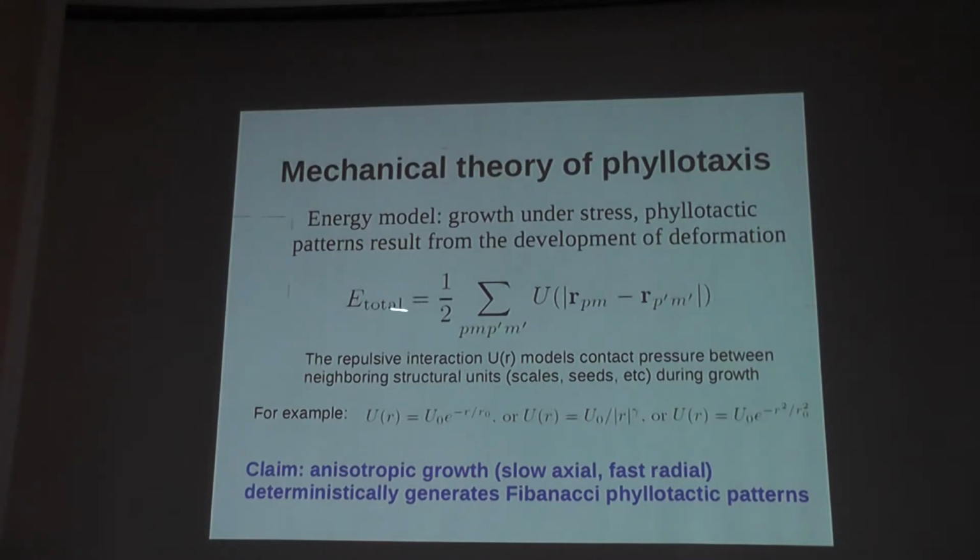So we'll introduce some energy function, a potential that defines forces by which units of the lattice are interacting, and physically it will describe contact pressure between the units on the plant during growth. We'll take some repulsive interaction, and at this point we don't care which one, and one can show that most of what we're going to say is not going to depend on the type of interaction as long as it's repulsive.